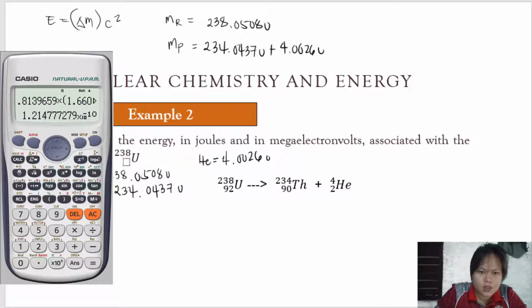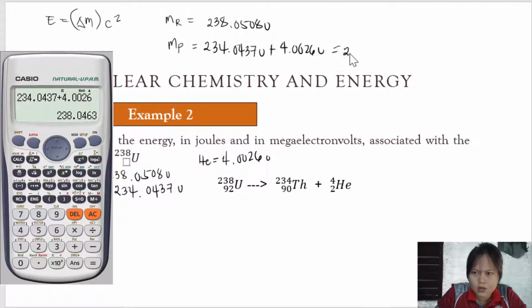That would be 234.0437 plus 4.0026, which is equal to 238.0463 U.